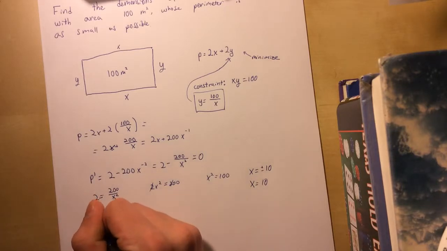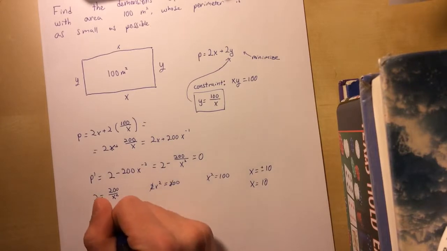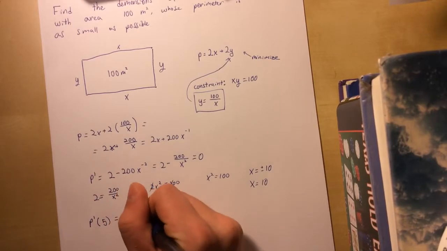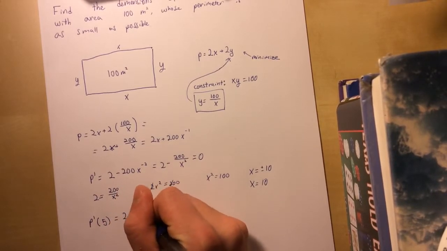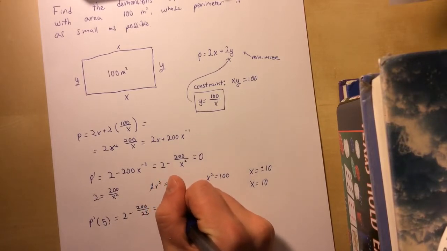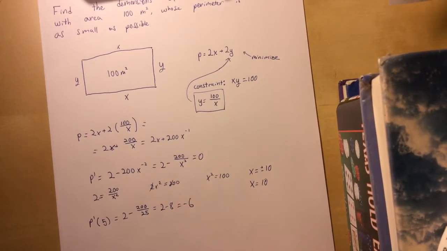So if I do p prime of, let's say, 5, then I get 2 minus 200 over 25, and that's equal to 2 minus 8, and that's equal to negative 6.